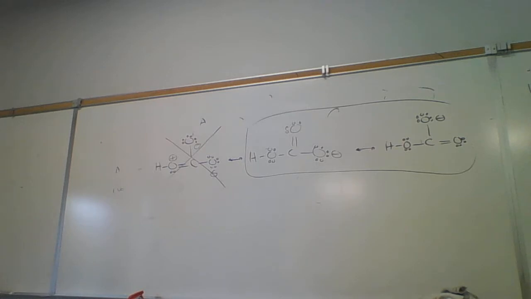34 is B. Write the electron configuration for Ag and Ag plus.